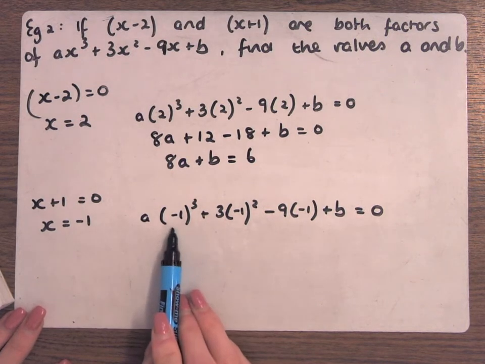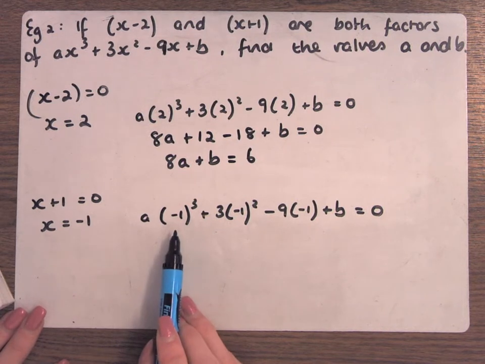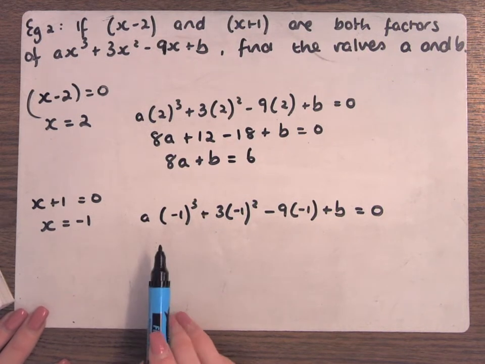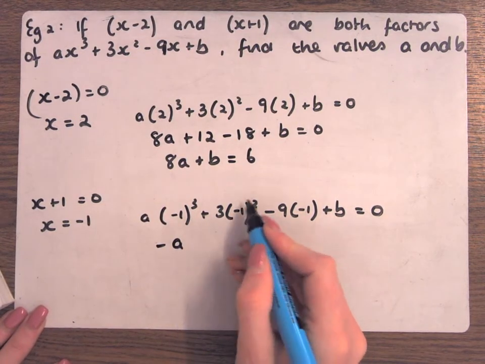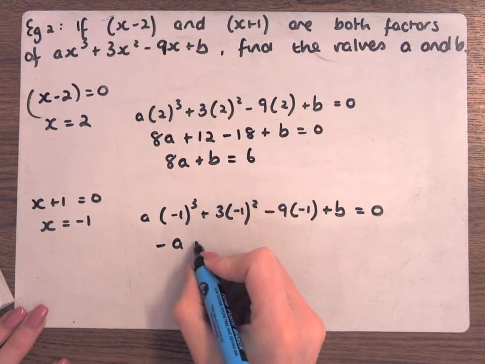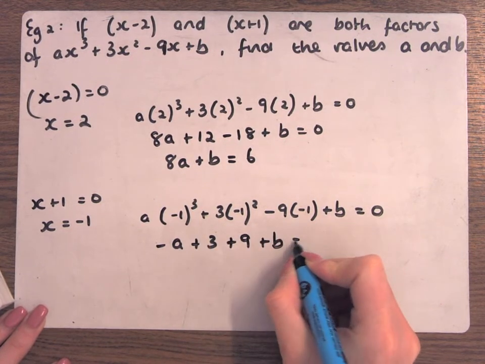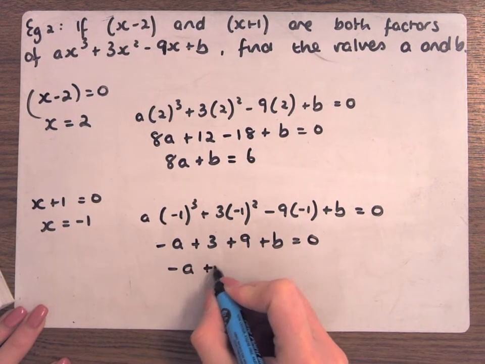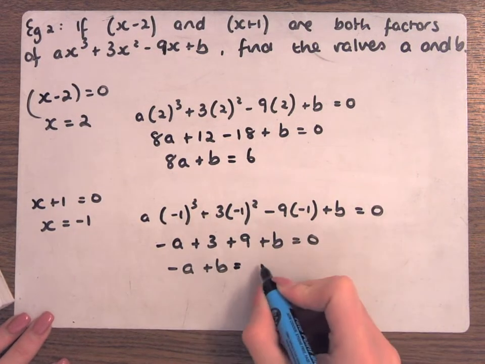When I have a minus number and an odd power, it always stays as a minus. So minus 1 by minus 1 is 1. By minus 1 is minus 1. Even power, so I know that will be a plus. Minus by minus is a plus. 9 and 3 is 12. Comes over, becomes minus 12.